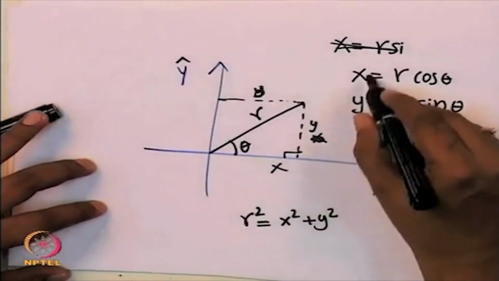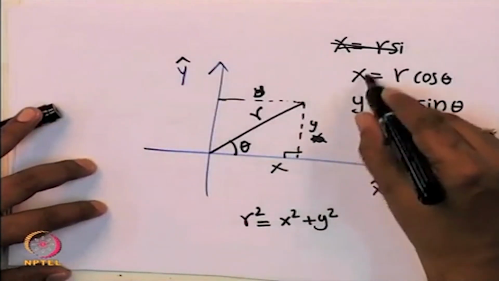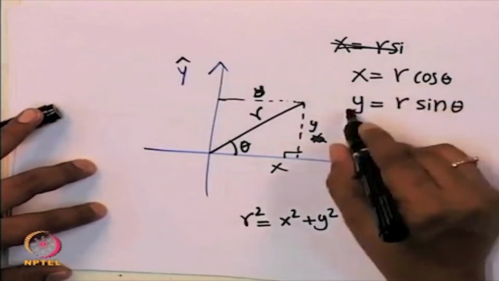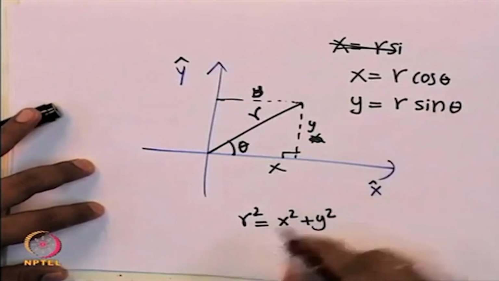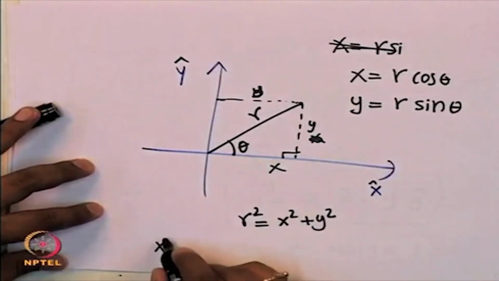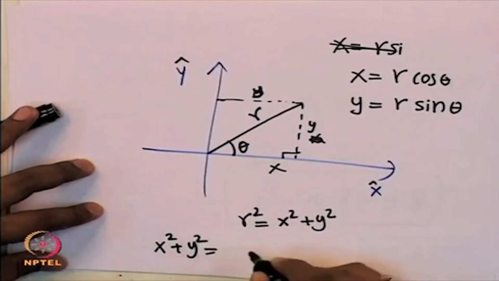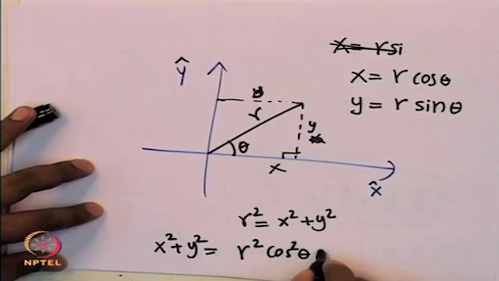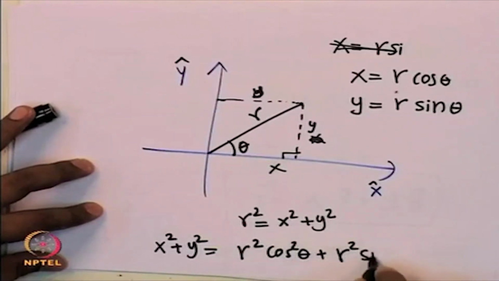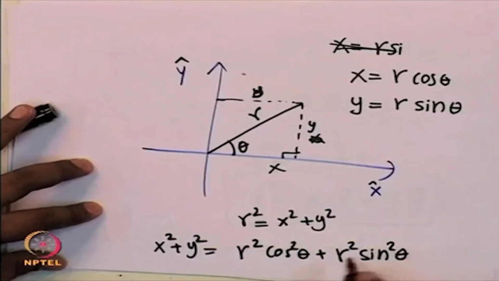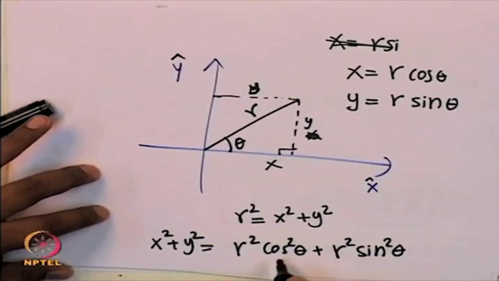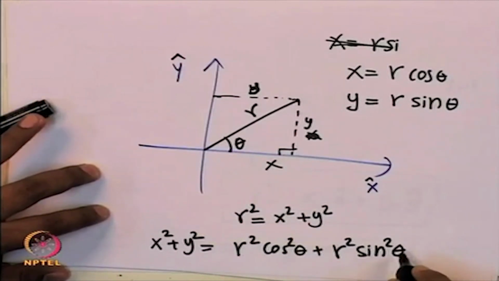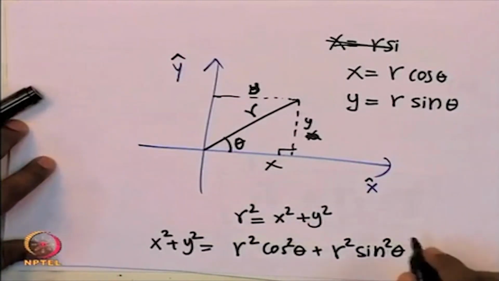So, now let us do x square plus y square. Here x is r cos theta and y is r sin theta. So, x square plus y square is r square cos square theta plus r square sin square theta. r square is common, so it is r square into cos square theta plus sin square theta, and we know that cos square theta plus sin square theta is 1.